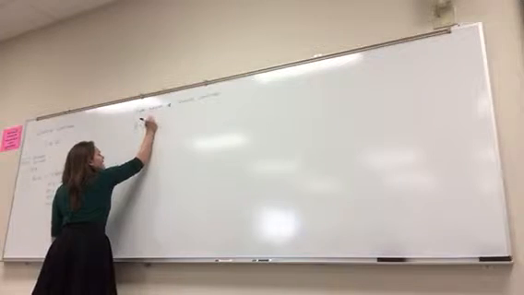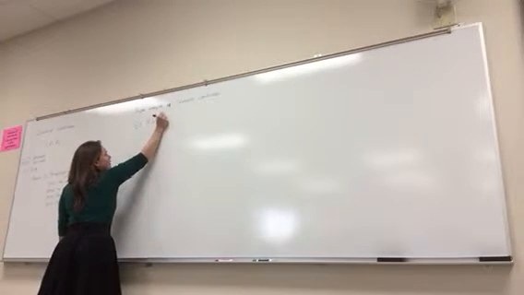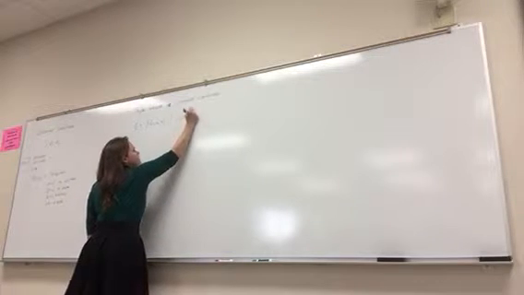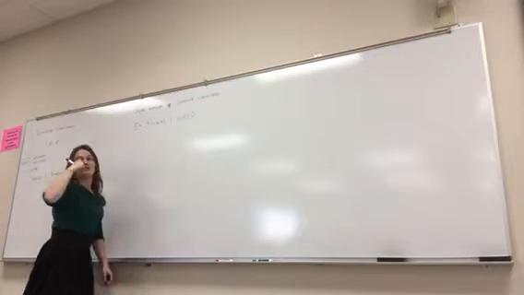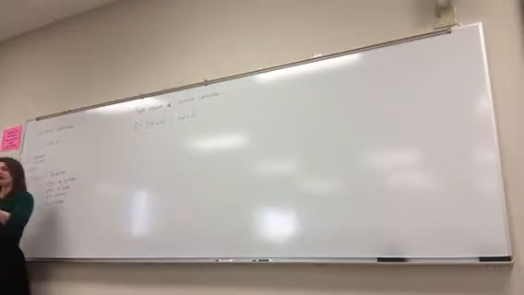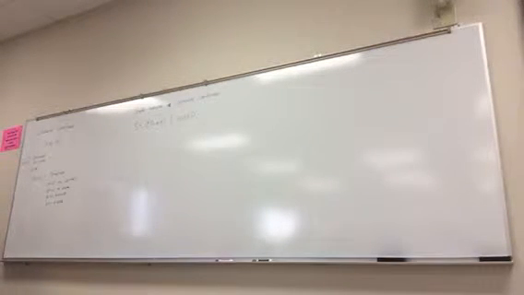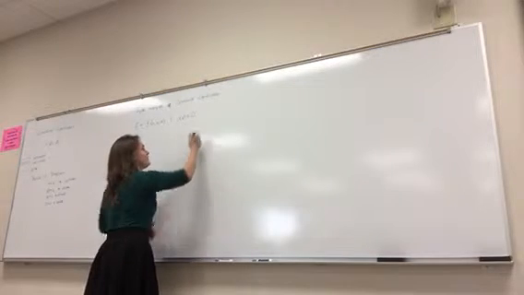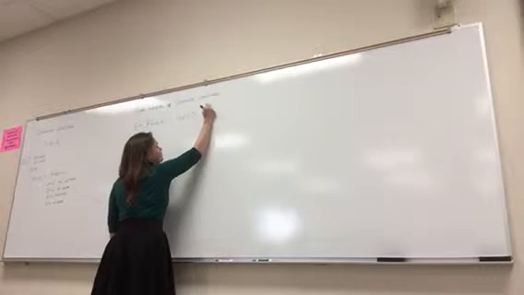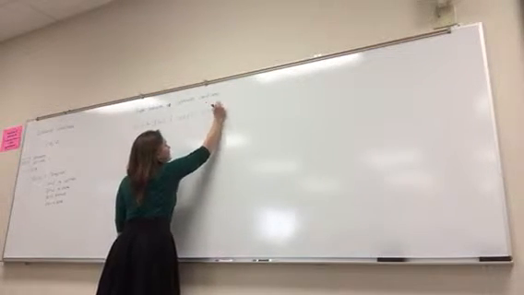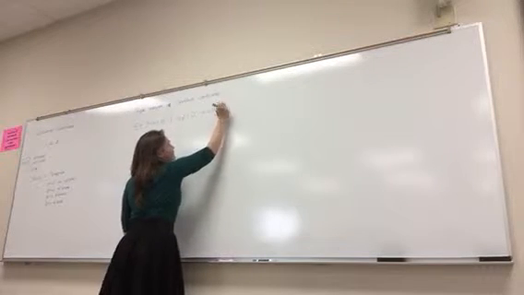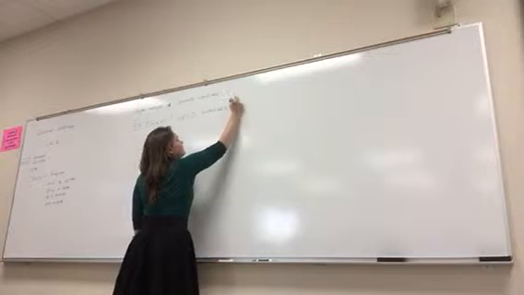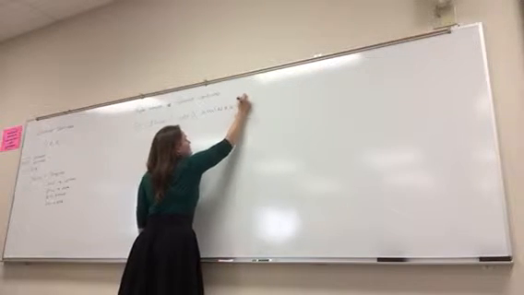We say E is bound by x, y, z, such that x and y is in some domain D, and z is bounded by 2 different things. We write those 2 different things because we want to be able to write them not just as numbers, not as scalar values, but as functions. As u1 of xy less than or equal to z, less than or equal to u2 of xy.